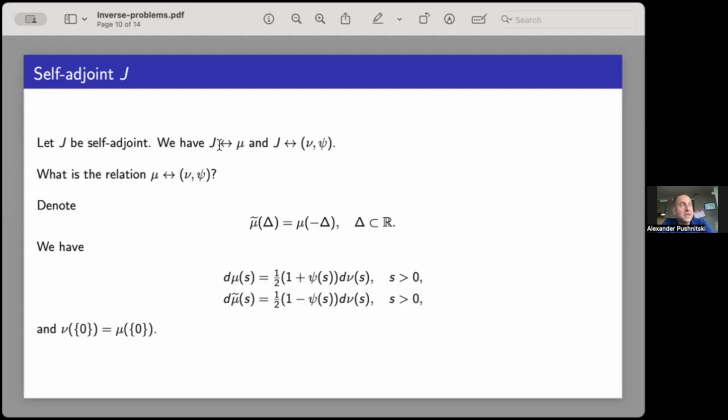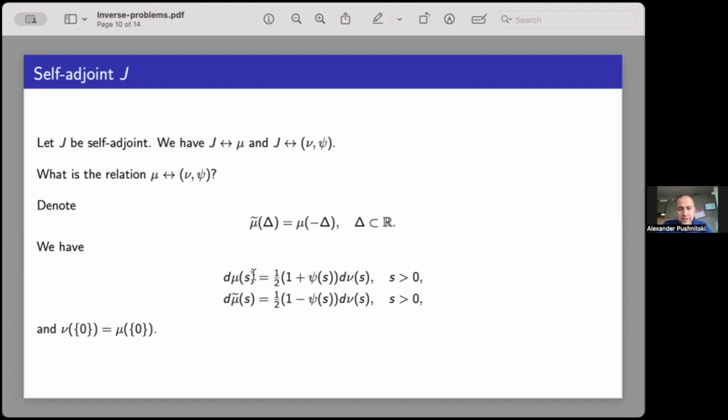And so this measure nu has information about both the part of mu supported on the positive and on the negative semi-axis. And psi tells you how to unfold back this folding. In more precise terms, it's like this. Let's use tilde to denote a reflected measure, reflected with respect to 0.